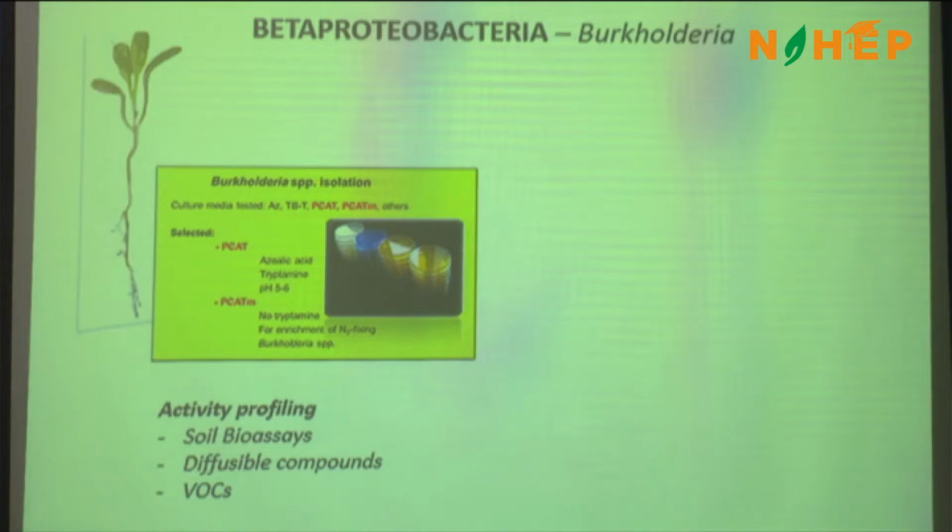No, but the first thing you try to do, you have a soil, and you need to find a way to isolate the bug that you want to target, right? So I did a literature search, and I found several media that could help me isolate this bacteria. I'm not going to go into detail.